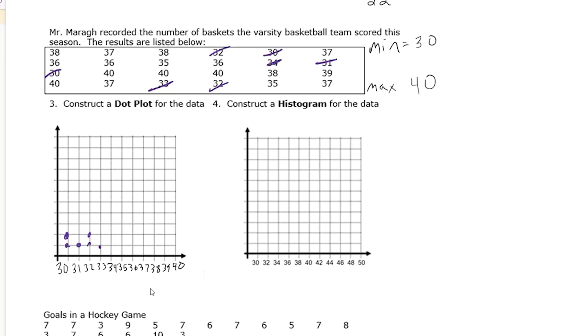We got 1 34. 1 34 as well. Let's do 35s. We got 1, 2. 2 35s. 36. So let's look. We got 1, 2, 3. 3 36s. Okay, and then 37 is 1, 2, 3, 4.